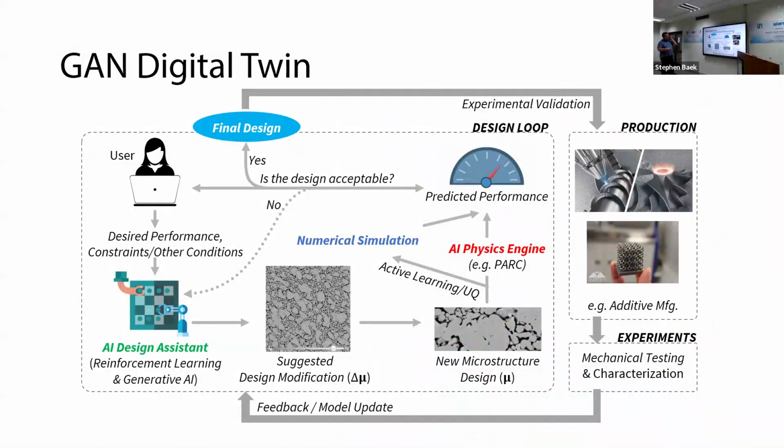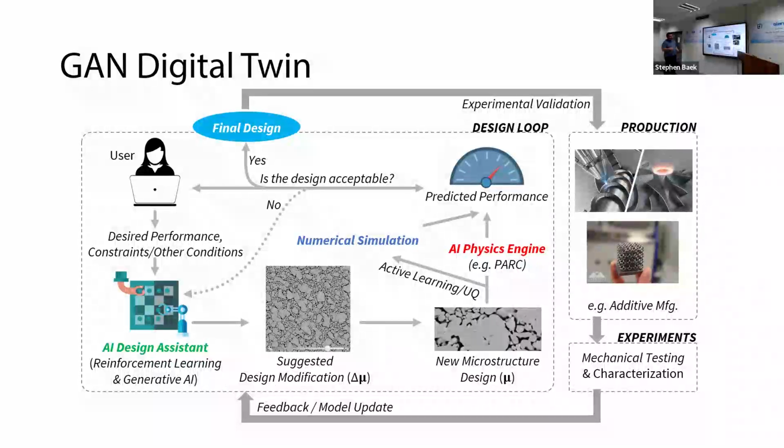So the holy grail of all this is a design optimization framework where the GAN generates some microstructures.